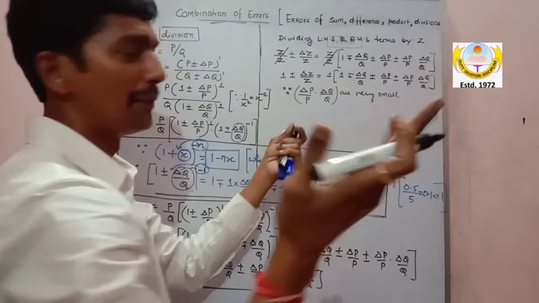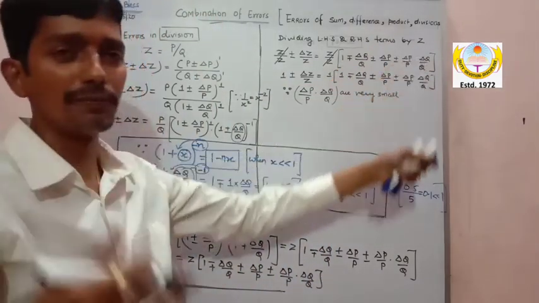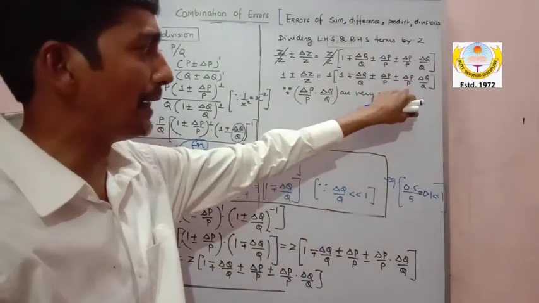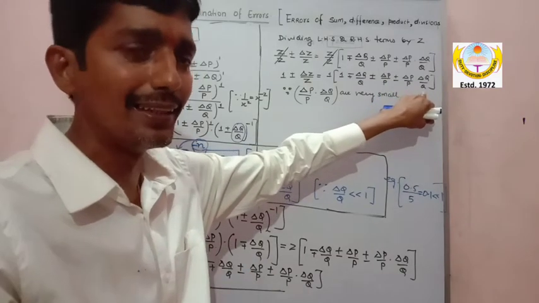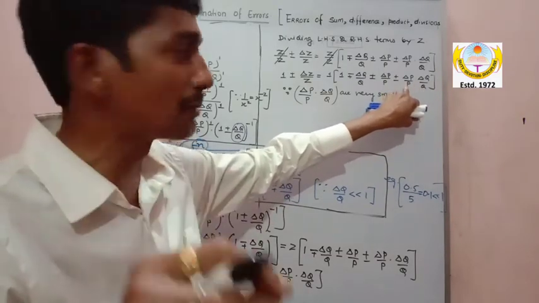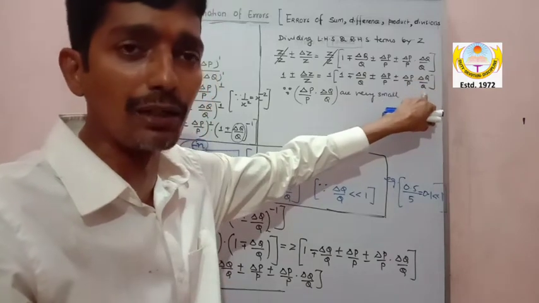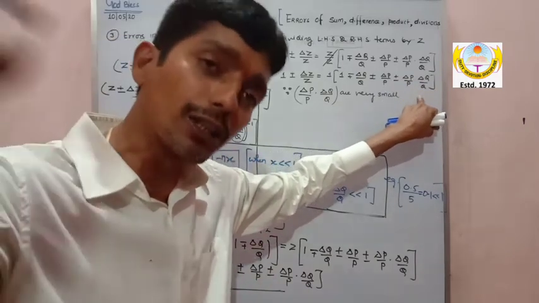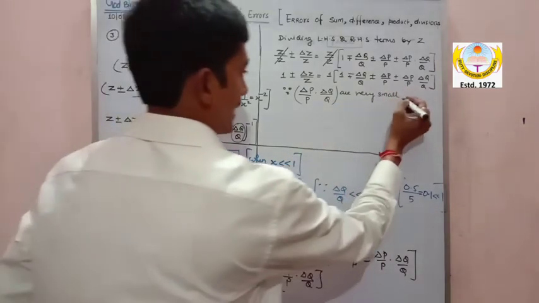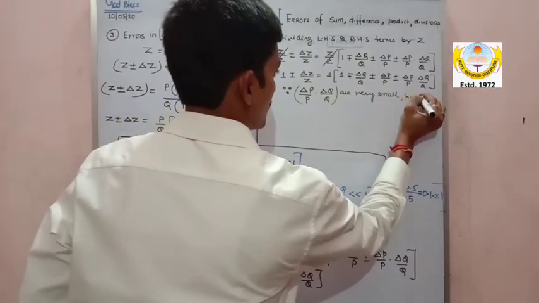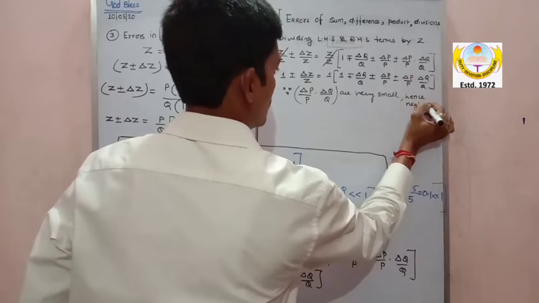I told you in my previous video that p is the true value and q is the true value. The denominator is so high that delta p by p is very small, delta q by q is very small. When we multiply them, it becomes even smaller. Hence neglected.